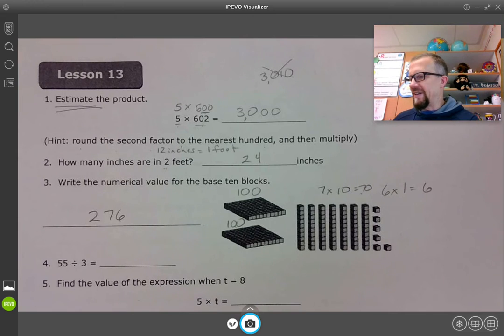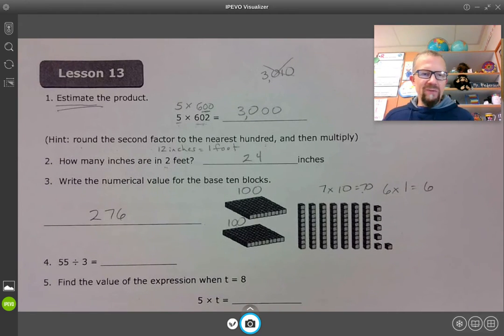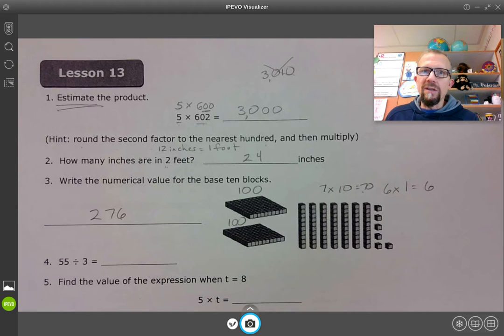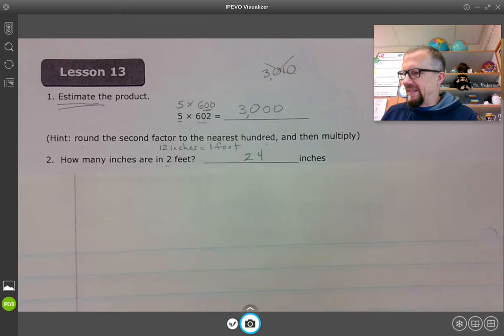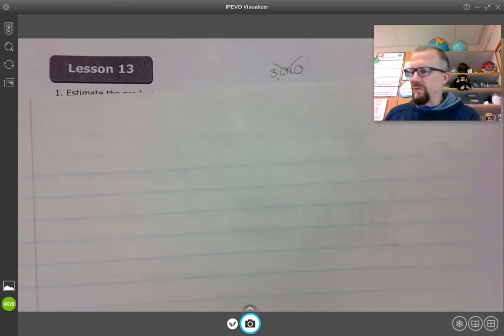Okay, number 4, 55 divided by 3. Division is what strikes fear into the hearts of so many fourth graders. So don't worry so much about this being division, and don't worry about doing long division yet. Let's just think about what division means. I'll use some extra paper so I have some room.